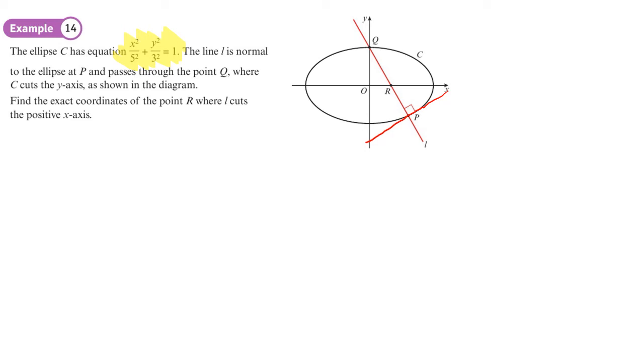Okay, so if it cuts the y-axis, that's where x is 0. Find the exact coordinates of point R where it cuts the x-axis. Okay, so here, this is where we're going to be making y equal to 0.